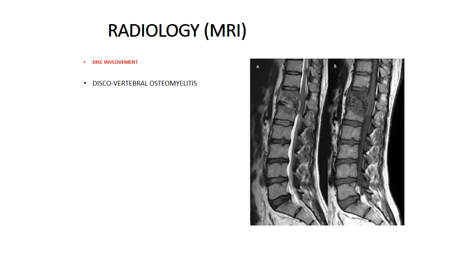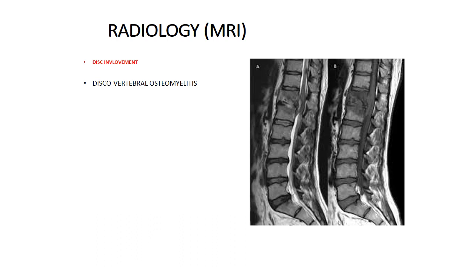The gold standard or investigation of choice would always be biopsy for tuberculosis, but as far as radiology is concerned, MRI is a superior test, and it will confirm the involvement of disc space and adjacent vertebrae, and it will also confirm the presence of any pus or paravertebral abscess, or it will also show how much compression is there on the spinal cord, how much neurological loss you can assess from MRI.